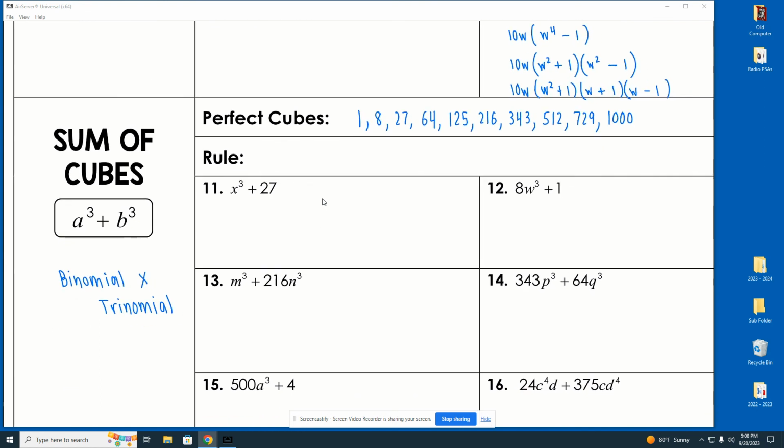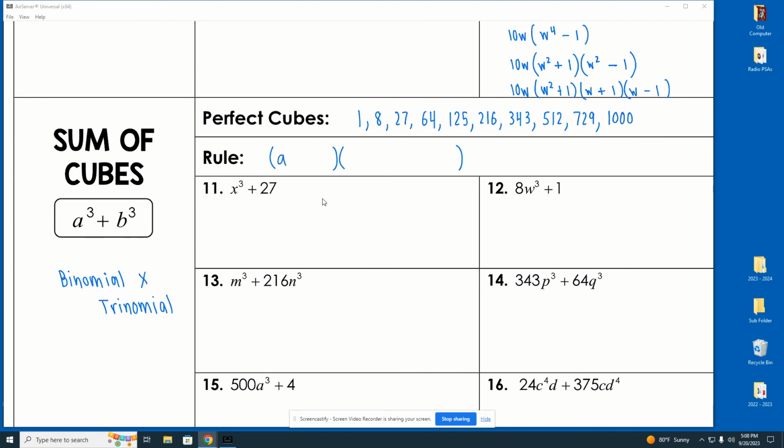Remember, I told you it's the one time a binomial will factor into a binomial times a trinomial. So that's the first thing I want you to write. It's a binomial times a trinomial. Now here's how it works. What multiplies by itself to get a cubed 3 times? Well, it's just a.